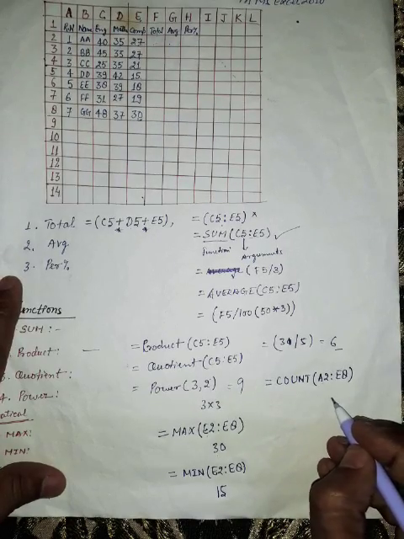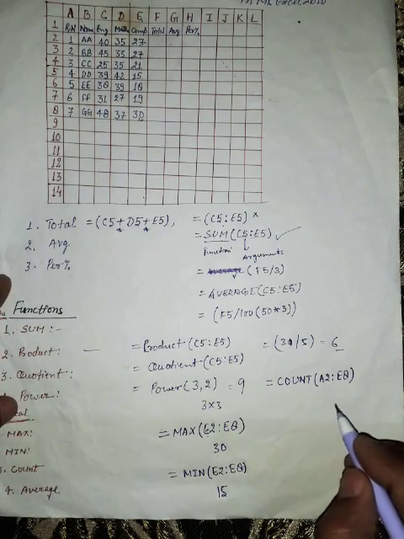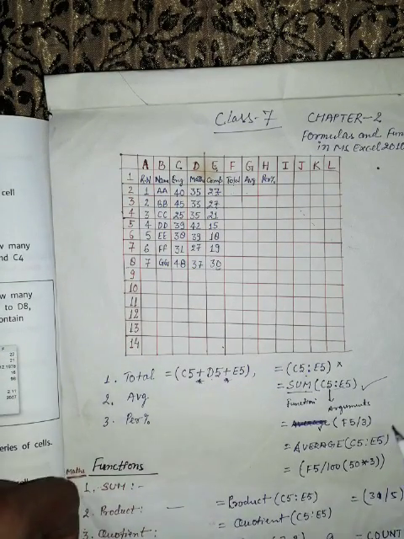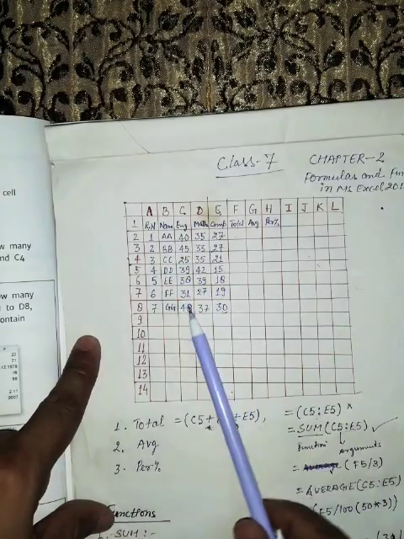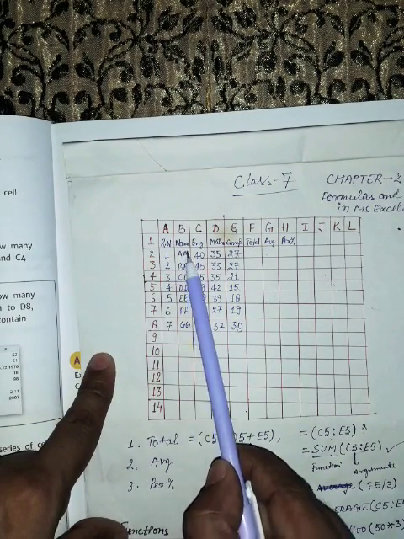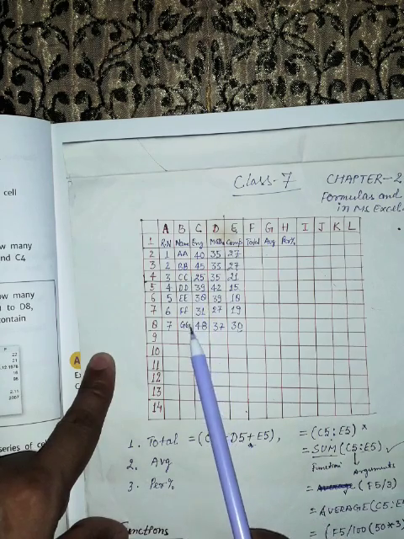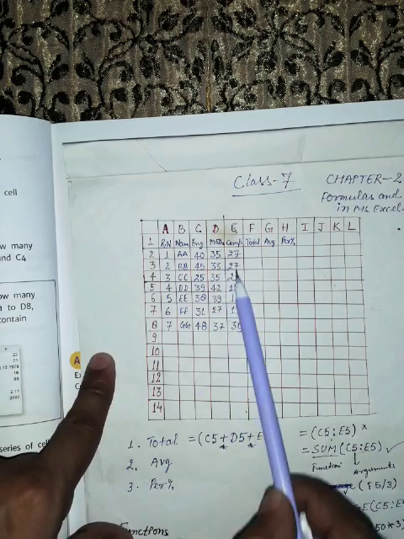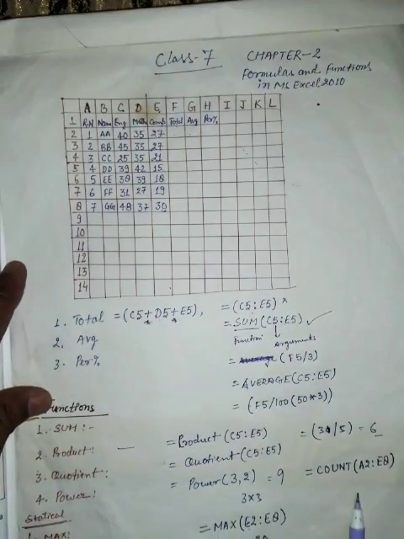When we press enter, it gives the count of the arguments that are numbers only, not alphabets. If it is text, it will not count. Text like a, b, c, d, e, f, g will not be counted; only the numbers will be counted by the count function.